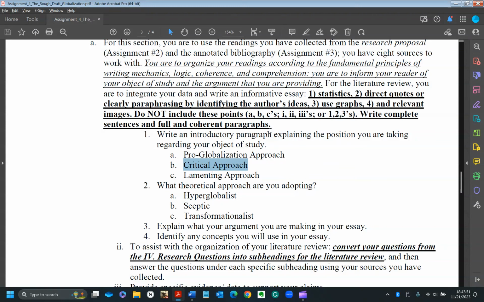And especially with my globalization course, I've explained how the first 23 years of the 21st century is pretty much the same as the last 50 years or so of the 20th century, if that makes any sense. Okay, so that's for critical globalization.